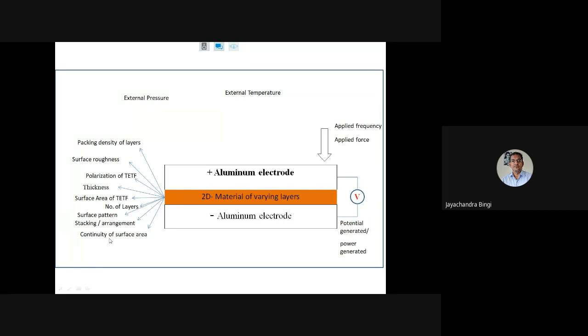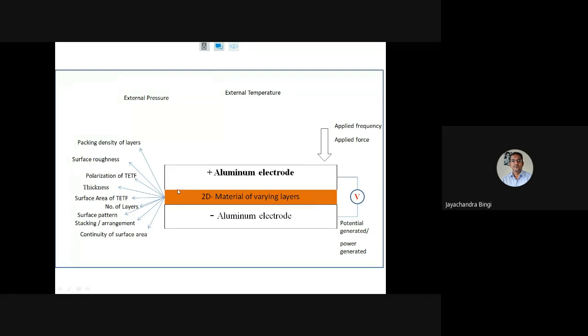In electronics, especially electronic fabrication, you find all these things extremely important: continuity of the surface, arrangement, surface pattern, number of layers, surface area, thickness, polarization, whether any charge is getting accumulated there, surface roughness, and packing density of layers.